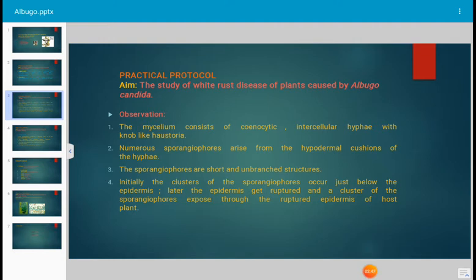Initially, a cluster of sporangiophores occurs just below the epidermis. Later on, because of the growth pressure, the epidermis gets ruptured and the cluster of sporangiophores is exposed through the ruptured epidermis of the host plant.